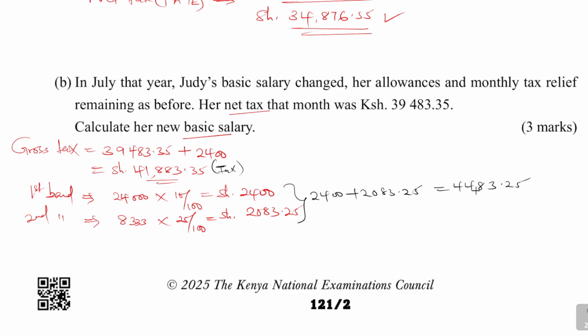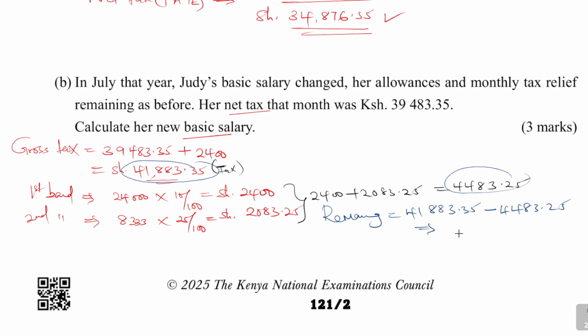The remaining tax will go to the third band. So we take 41,883 and 35 cents and subtract the taxes from the first two bands, which is 4,483 and 25 cents.